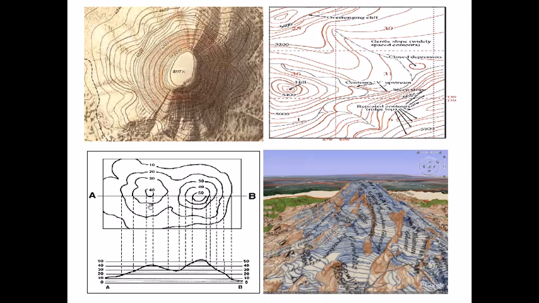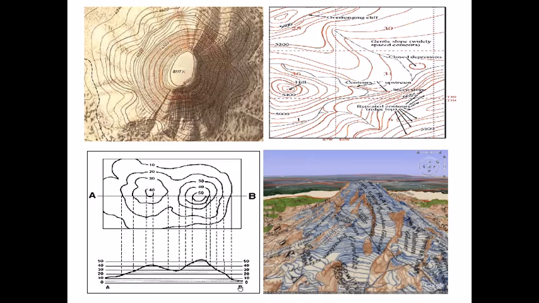If you look at this picture, the lower half shows a section of the ground. There are two hills that you see here, and when the same area of the ground is shown in a plan view with the contour map, you see that these loops show that there are two hills.